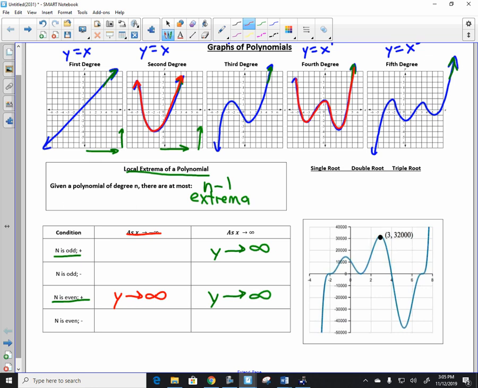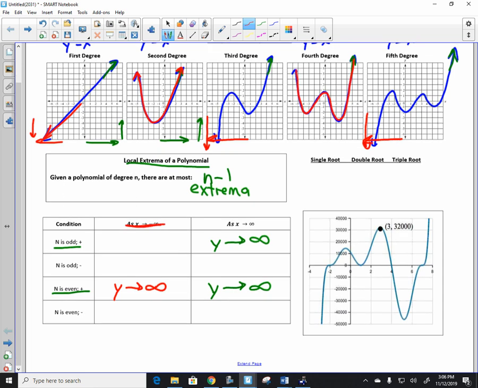Look at the odd ones. It starts down. So as x goes to negative infinity, the y value drops. Another one, the third degree, as x goes towards negative infinity, the y value drops. And the fifth degree, as x goes to negative infinity, the y value drops. So if n is odd, as x goes towards negative infinity, then y goes towards negative infinity as well.